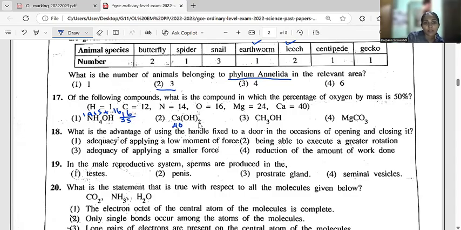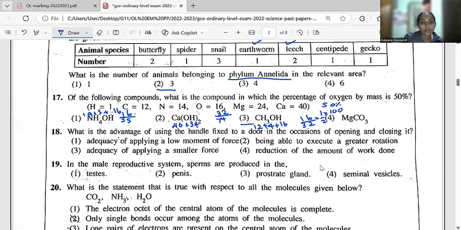This one is 40 plus OH, 16 plus 1 is 17, multiplied by 2 is 34. Then the mass is 74. Oxygen 32 is not exactly 50%. Let's see this one: 12 plus 4 plus 16. The total is 32. The oxygen mass is 16, which is exactly half of it, so we can obtain 50%. The answer is the third one.